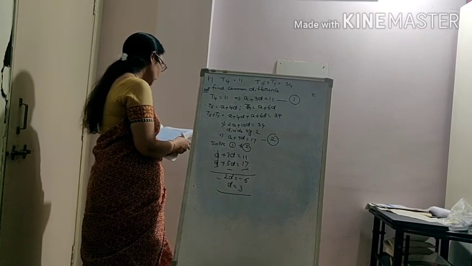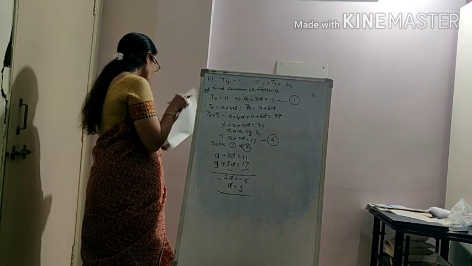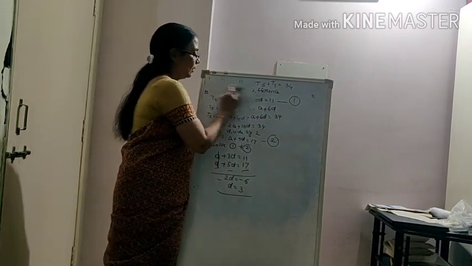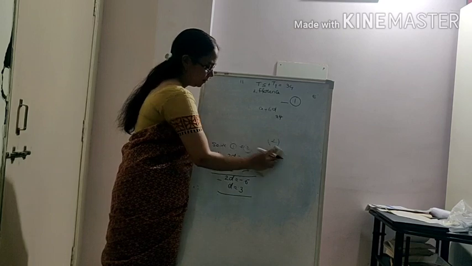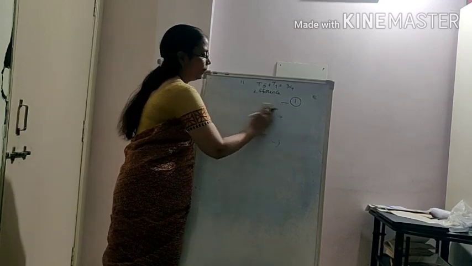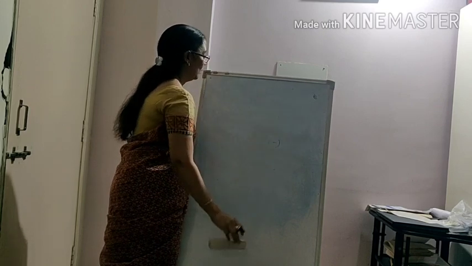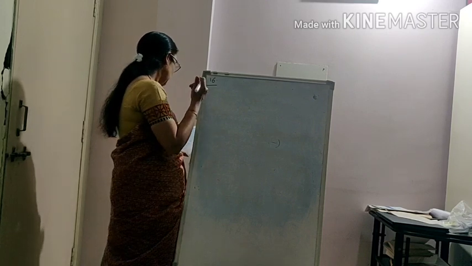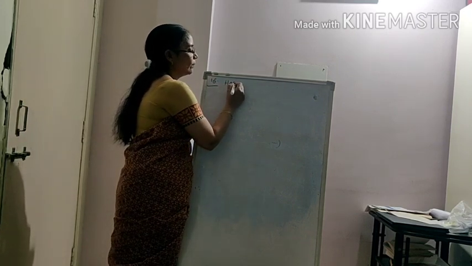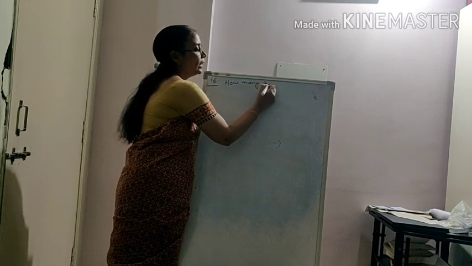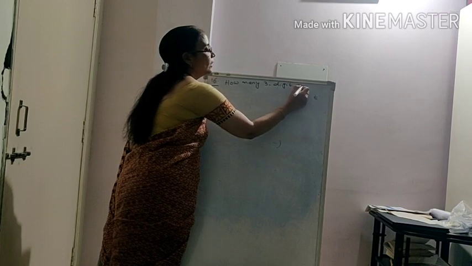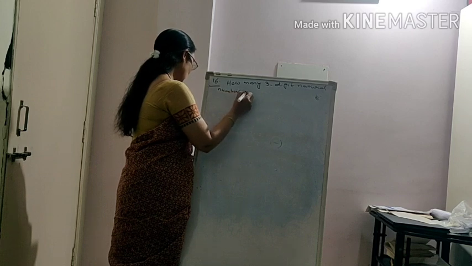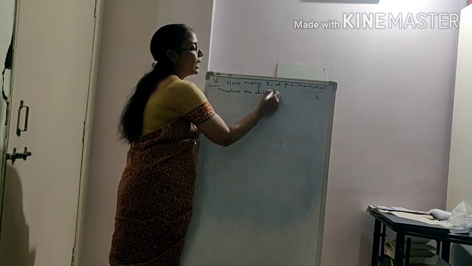Now we will see question number 16. He is asking, how many 3-digit natural numbers are divisible by 7?